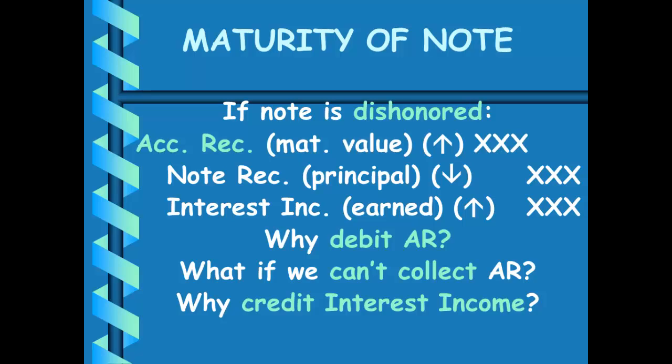Even though I didn't get paid, I have earned revenue. If I let someone else use my money, I've earned revenue. Even if they haven't paid me, I've still done the work, performed the service, I've earned revenue. The credits in the journal entry, if they don't pay me, are exactly the same as if they did pay me. All that changes is the debit. Instead of debiting cash, I now debit accounts receivable.